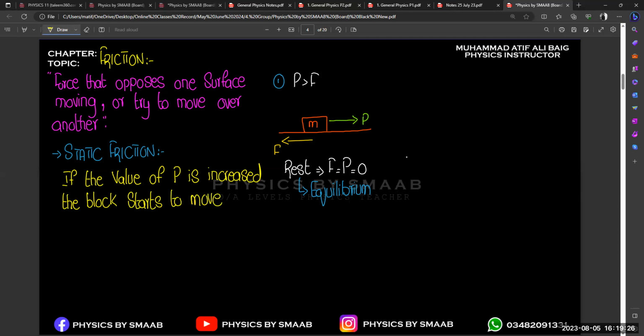It means that when a block just starts to move from its equilibrium state, this gives you the concept that F has its maximum value, right?